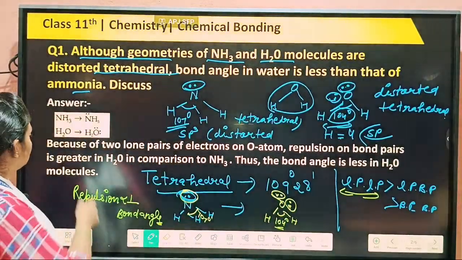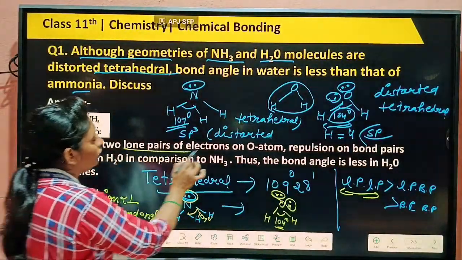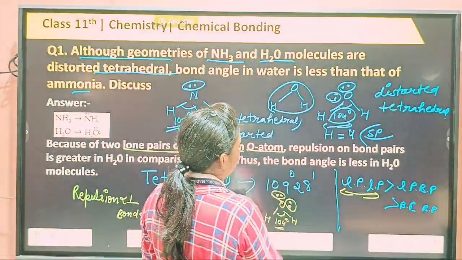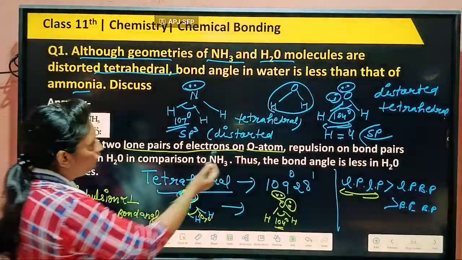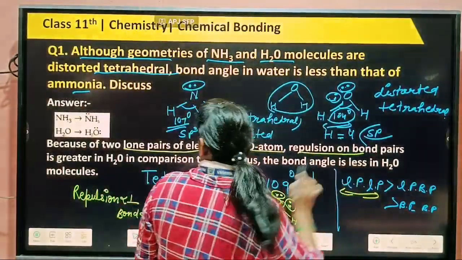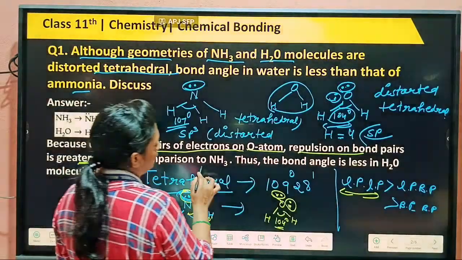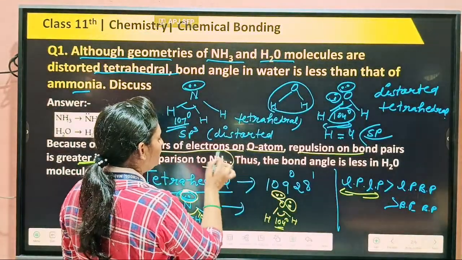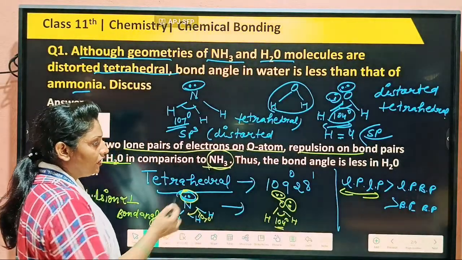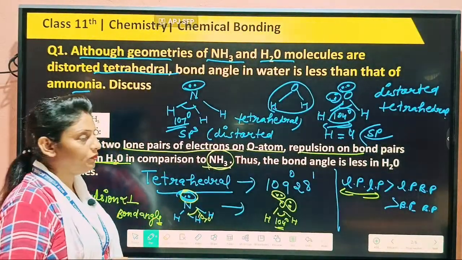Okay students, so because of two lone pairs of electrons on the oxygen atom in water, repulsion on the bond pair is greater in water as compared to ammonia. In ammonia there is one lone pair, so here lone pair-bond pair repulsion takes place.